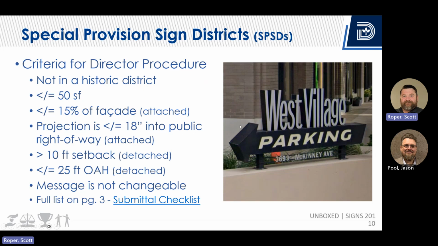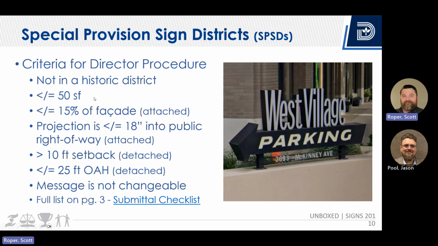So for director procedure, this is the criteria, and what this means is we can approve at our level without having to go to the committee. So it cannot be located in the historic district. West End is an example of this. Every sign in West End has to go to committee. It has to be less than or equal to 50 square feet, less than or equal to 15% of the facade for attached signs.